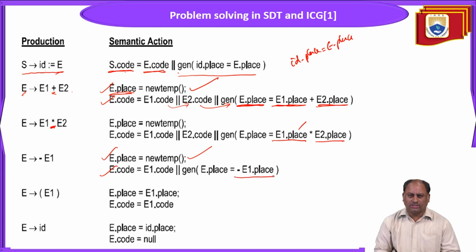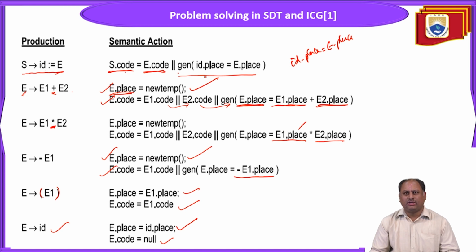This is unary minus E1 dot place. For the parenthesis expression E1, it specifies E1 dot place and E1 dot code. For an identifier, we simply write identifier E dot place and the code value is null. So like this we represent each corresponding production with the semantic action.